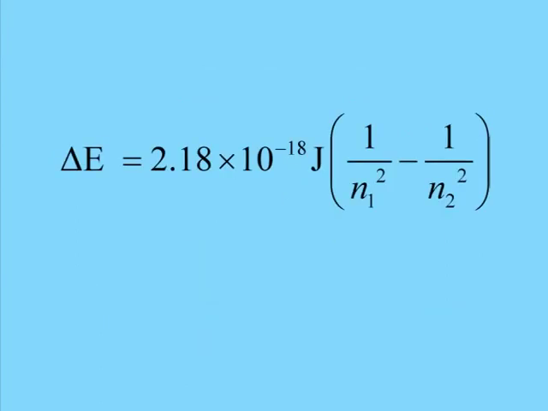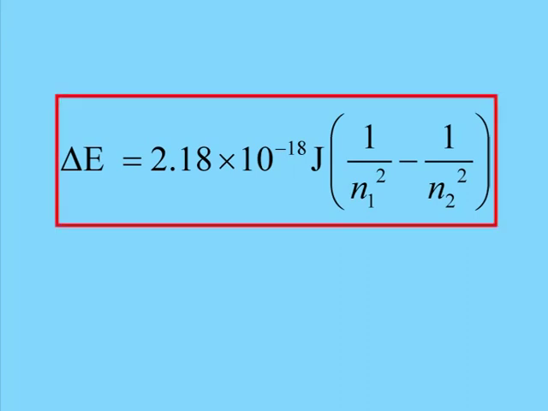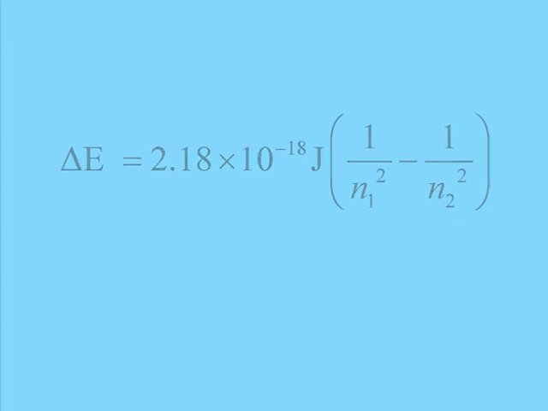After substituting the value of Rydberg constant, we get delta E is equal to 2.18 into 10 raised to the power minus 18 joules into 1 upon n1 square minus 1 upon n2 square.